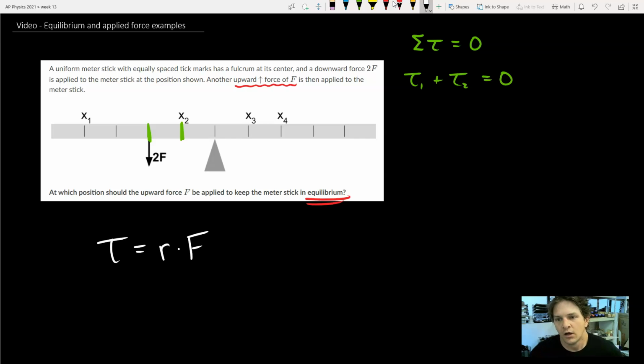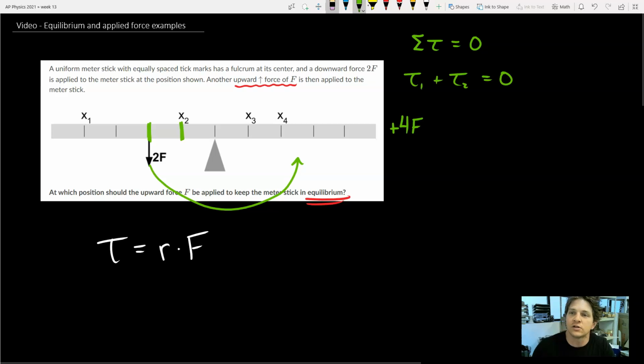So we have 2 tick marks away. This 2F force is 2 tick marks away. So 2 times 2 gives me 4F, right? And that's going counterclockwise, so that's a positive torque.